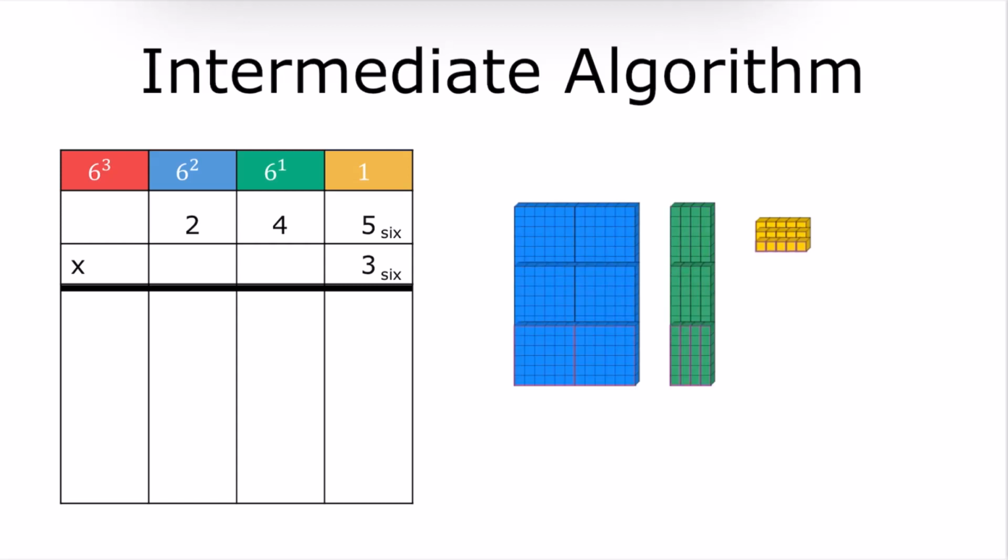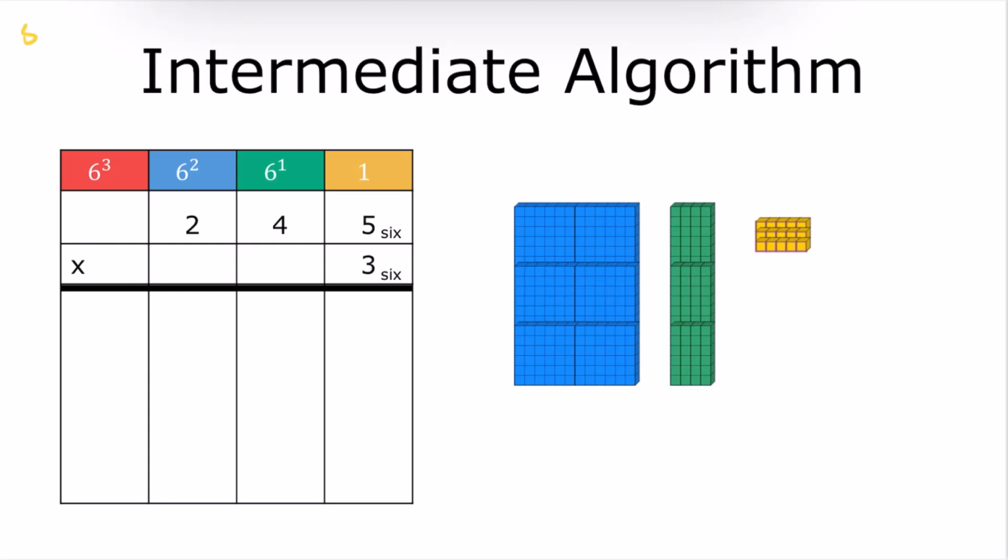And the way that the intermediate algorithm works is I just multiply each place value one at a time. So I look at this part and I say, okay, when I made 3 copies of the number 5, how much was that? There are 2 different ways I can think about it. One way is I could use my thinking strategy because 3 is half of 6.